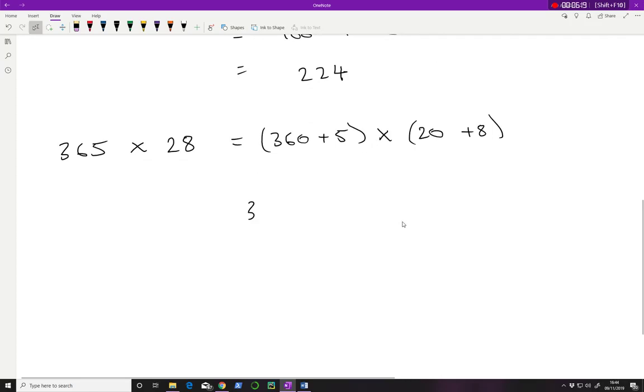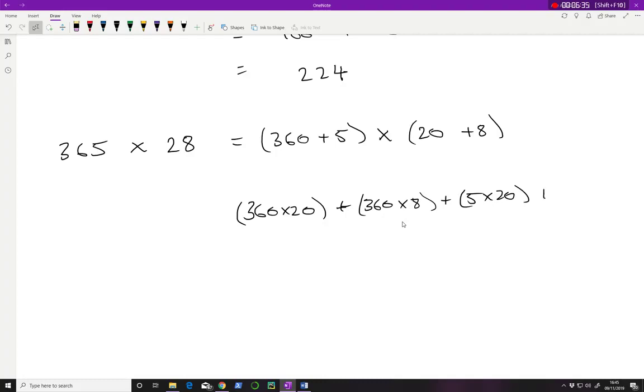So this is going to be 360 times 20 plus 360 times 8 plus 5 times 20 plus 5 times 8. We're going to add everything together. The hardest one to do here, just off the top of your head, is this one. I know that 36 times 2 is 72.